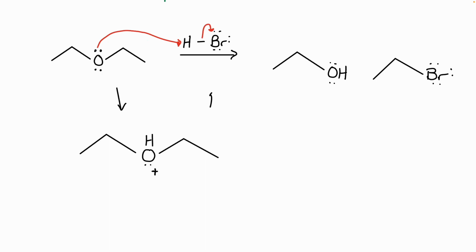Okay, so then the last step here is going to be this SN2 substitution mechanism. Our nucleophile, the bromide ion, is going to attack the carbon from one side, kicking off that leaving group.